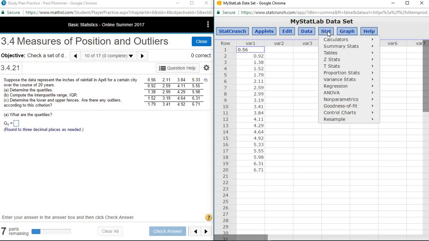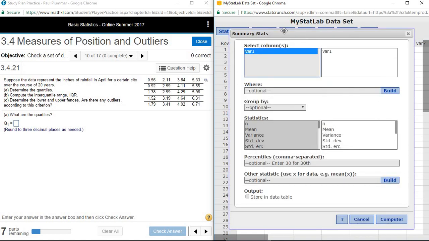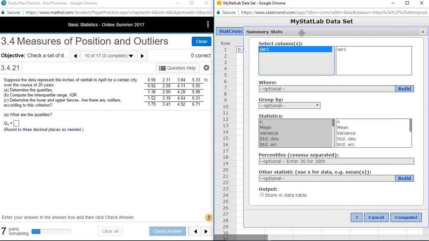These are still statistics for the column, and so I'm going to use summary stat for columns. Select my variable, and then the quartiles. The first, second, and third quartile are denoted as Q1 is the first quartile.